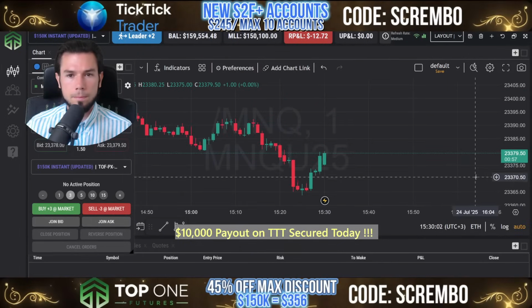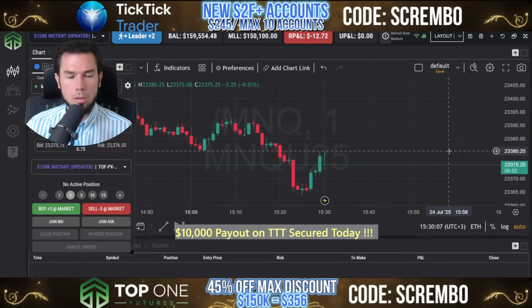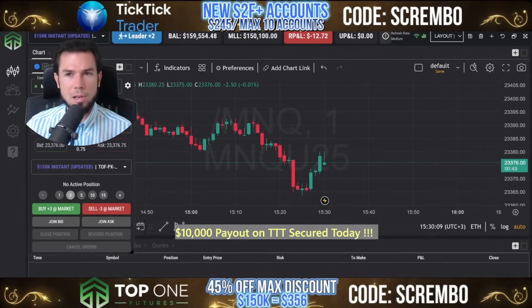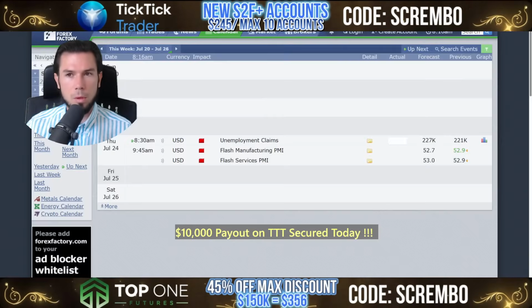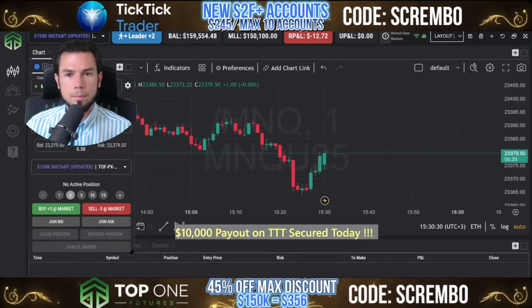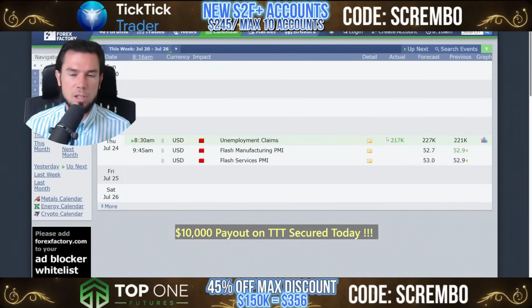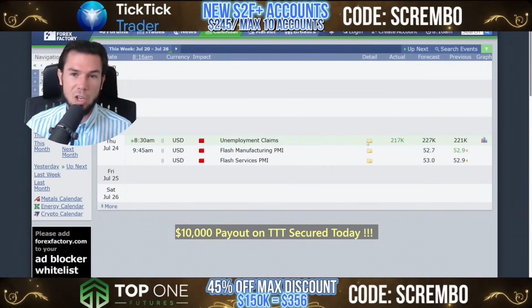Look at that one. Some heavy volatility here, but that's not much in terms of points. It's just the actions are quite fast up and down. We're not seeing any major movement. Probably the numbers are not surprising anyone. It's still pending. $217, less than expected, guys.